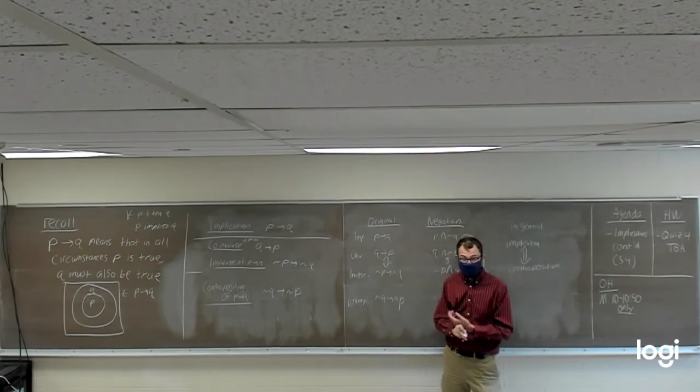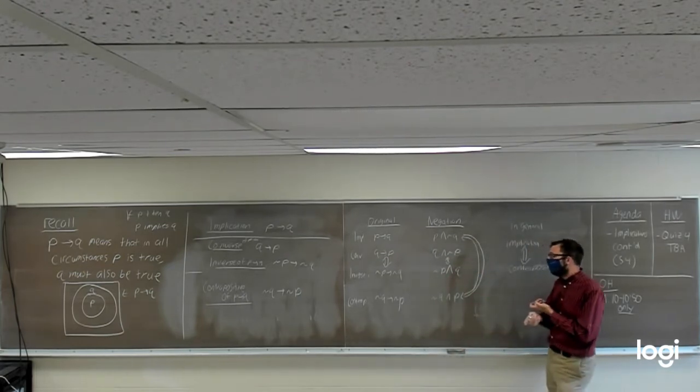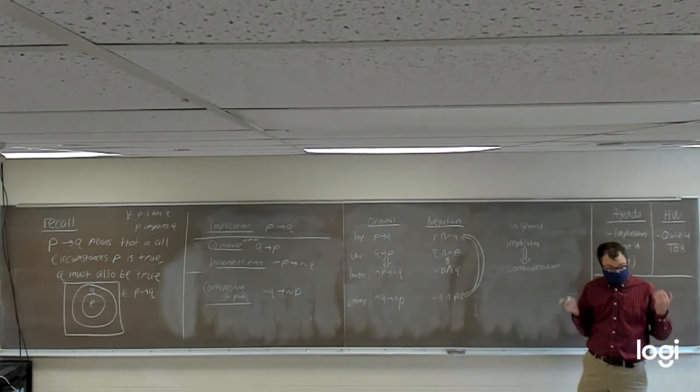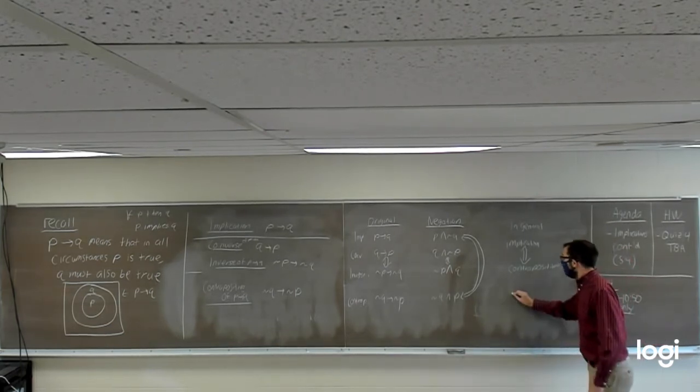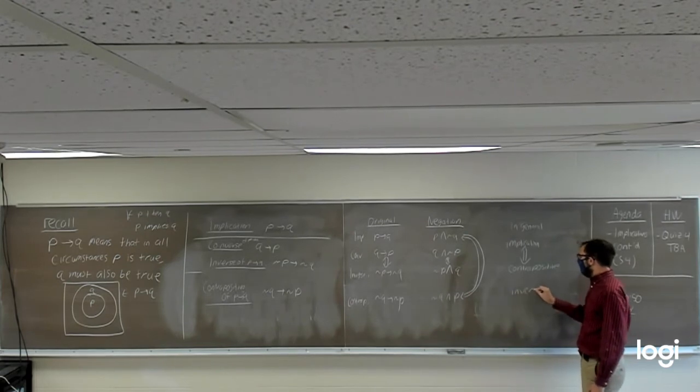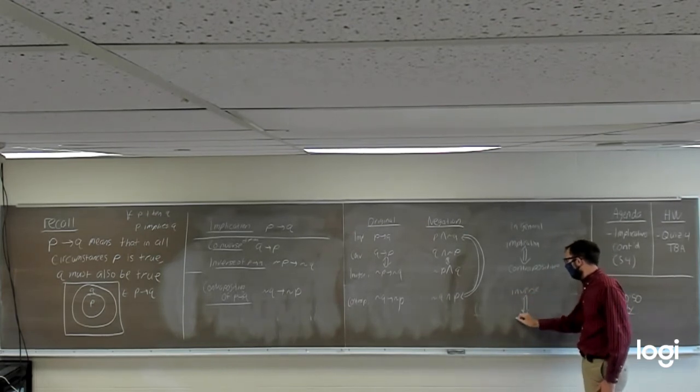Turns out if you swap the P and the Q, and negate the P and the Q, you get something that's logically equivalent to what you started with. And similarly, the inverse and the converse will also be logically equivalent.